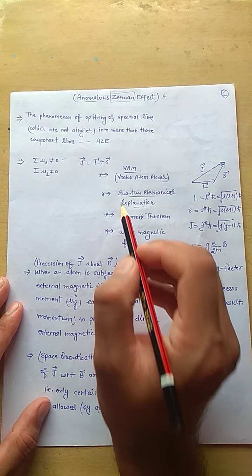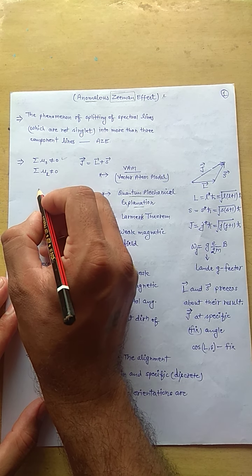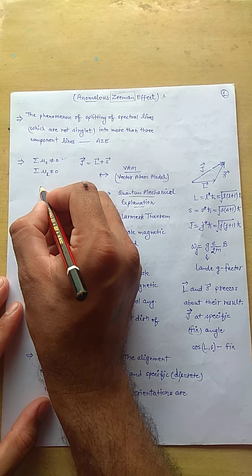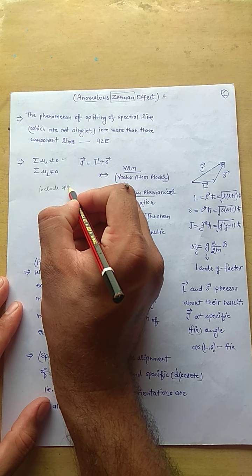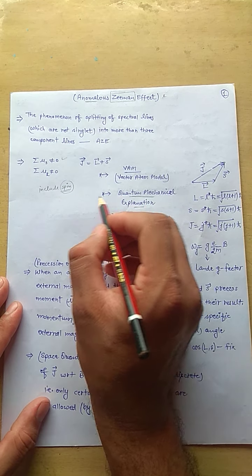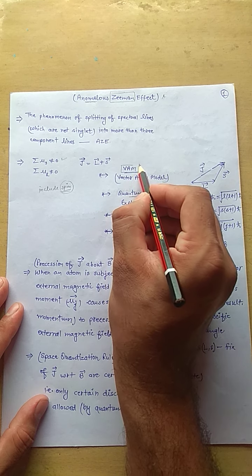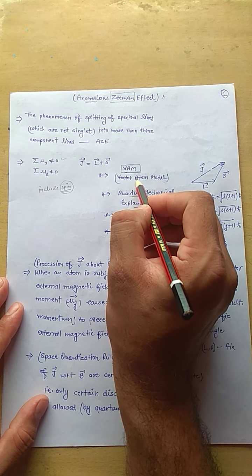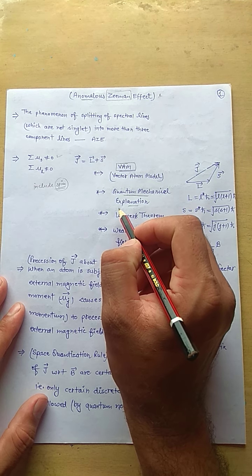And one more thing, mu s is not equal to 0, meaning here you are going to include the impact of spin. So for making simple calculations, we will make use of the vector atom model. Okay, so let us discuss these things.